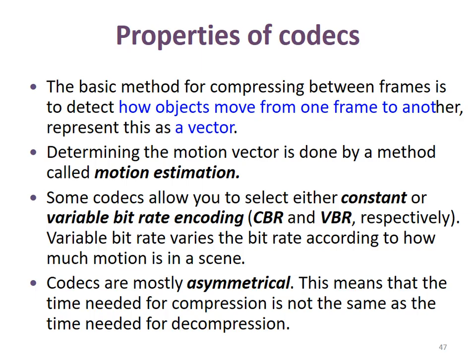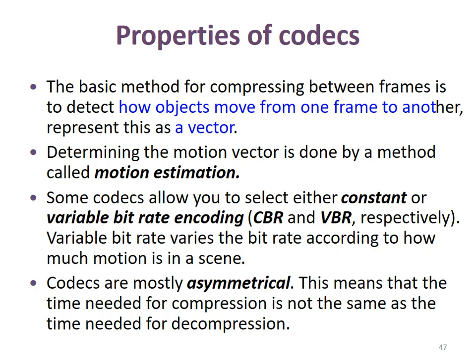If we don't consider the content, how complicated or how simple it is, then we can apply constant bit rate, CBR. If we want to apply more bits to complicated regions and assign fewer bits to smooth or homogeneous regions, then we can use VBR, variable bit rate encoding.